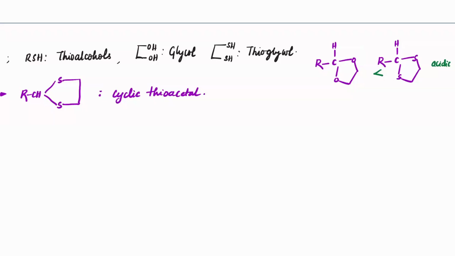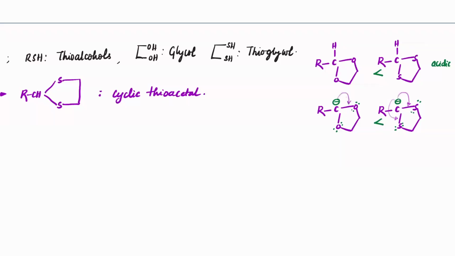Why is that? If you make a conjugate base of both of them, as in H plus has been removed and a minus charge comes, sulfur also has lone pairs, oxygen also has lone pairs. But the important part here is that this lone pair can make resonance stabilization on both ends because sulfur has empty d orbitals.